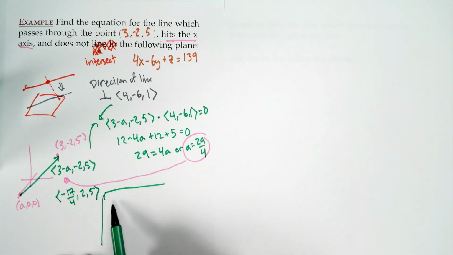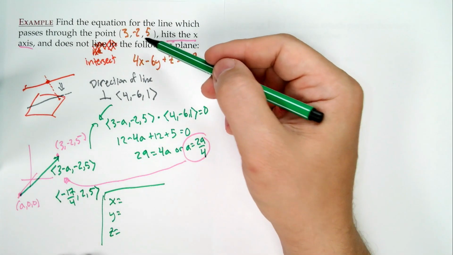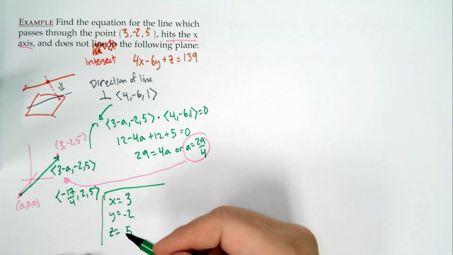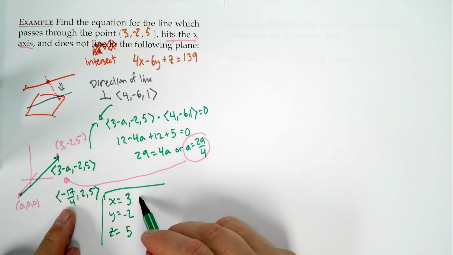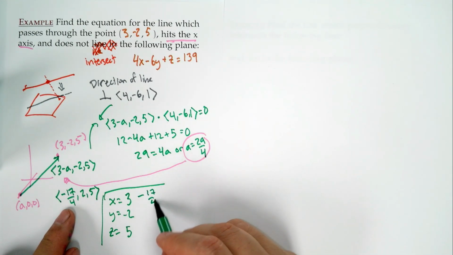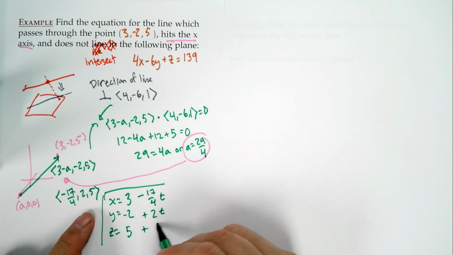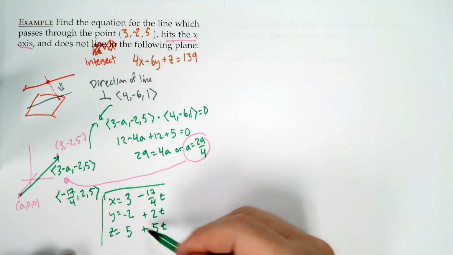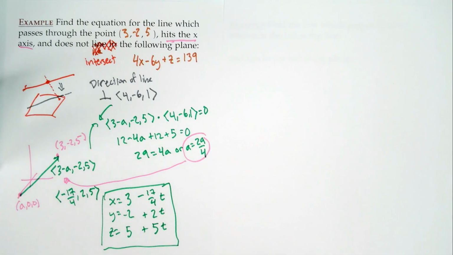So, in parametric form, x, y, z equals the point 3, negative 2, 5, and then the vector, so it's minus 17 fourths t, -2t, 5t. The point, the direction vector. And now we have the parametric form for our line.